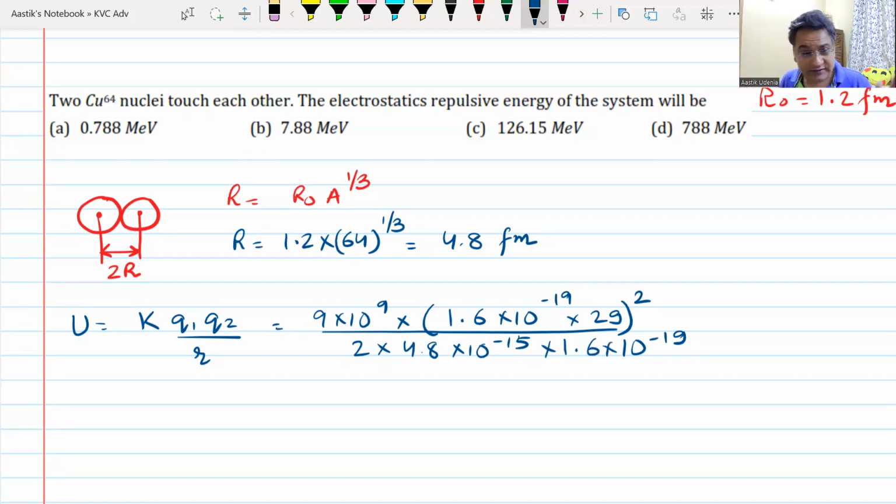I don't understand if it's a very difficult calculation for you, but I can't make it any simpler. The answer that is given to me is 126.15 mega electron volts, and that is the answer that I am going to present to you.